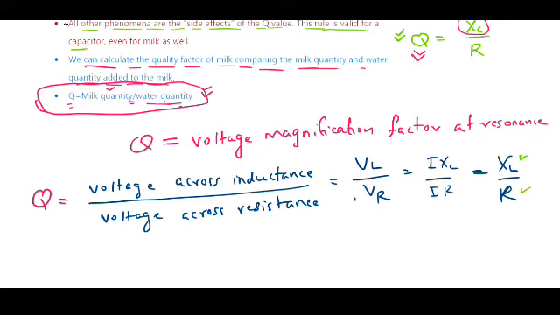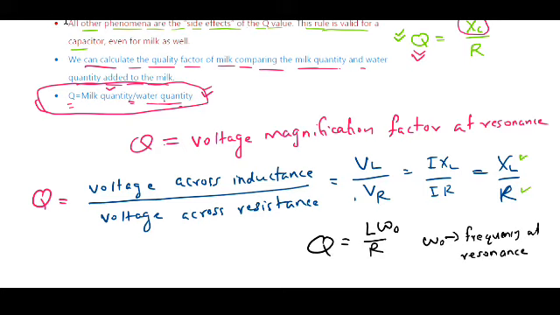In other words, Q equals XL, that is L omega by R, where omega is the resonant frequency, omega 0, the frequency at resonance.